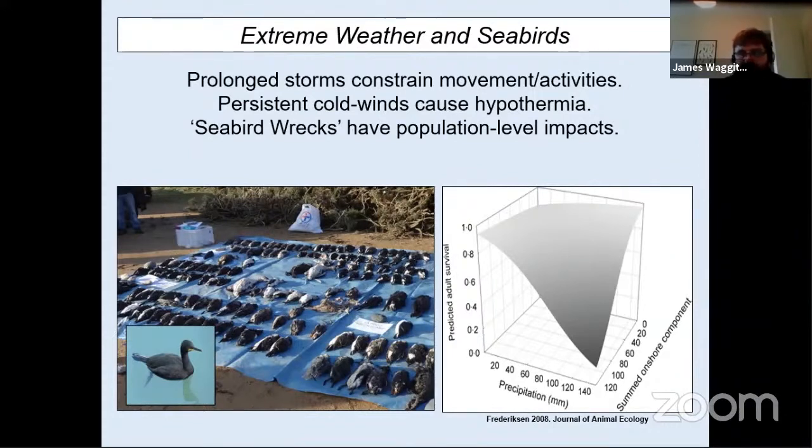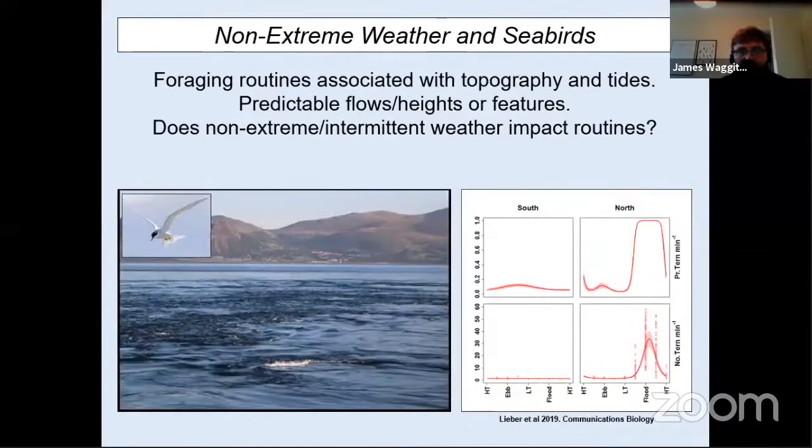This is some work done a few years ago now, showing that in periods of very intense storms, the likelihood of an adult surviving the winter is really low. So in short, extreme storms are bad for seabirds. But what I'm interested in here is non-extreme weather.